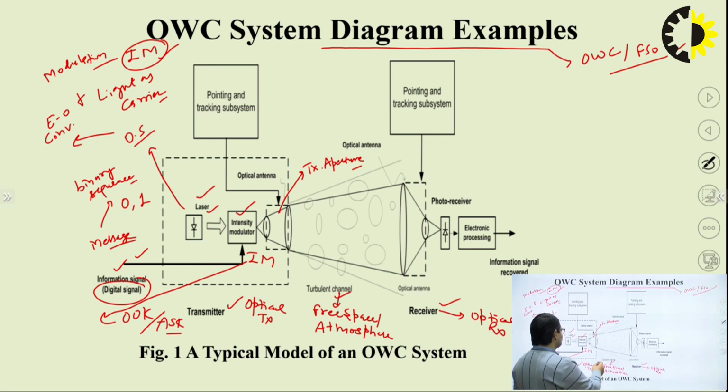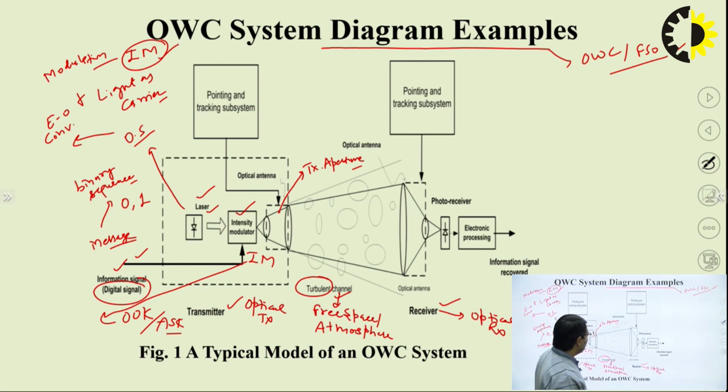That's why this channel is also known as the turbulent channel, because the intensity of light gets affected in this channel because of various phenomena present in the free atmosphere. That can be, for example, atmospheric disturbances such as snow, haze, raining. So these may affect.